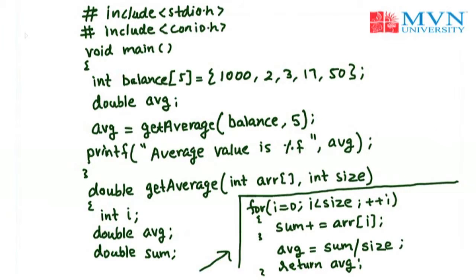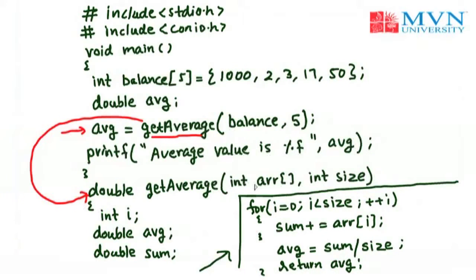Close the function. How this program works: when the compiler encounters this function call, the control will be transferred to the definition of this function. In this function, we are calculating the sum and the average of all the values stored in the array.